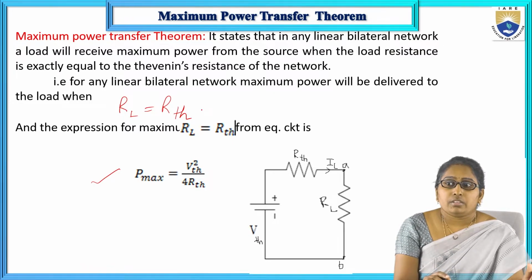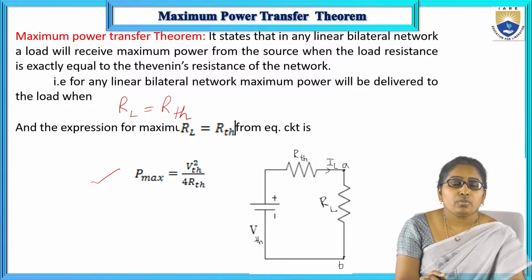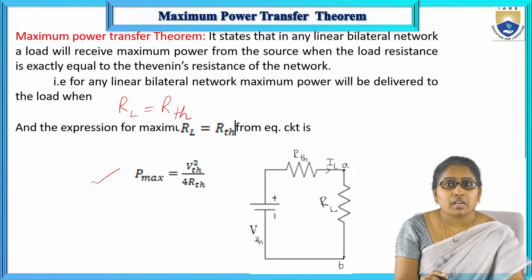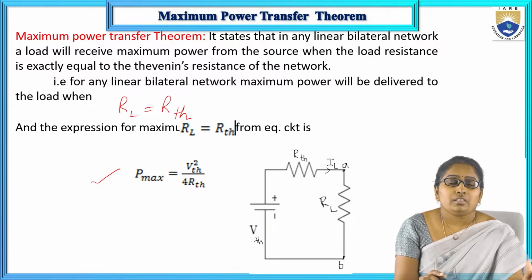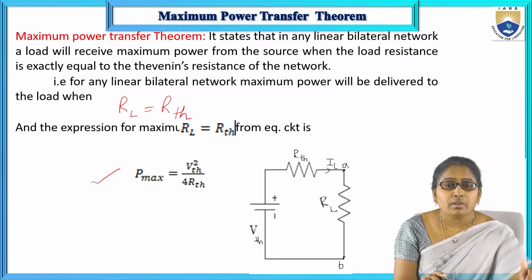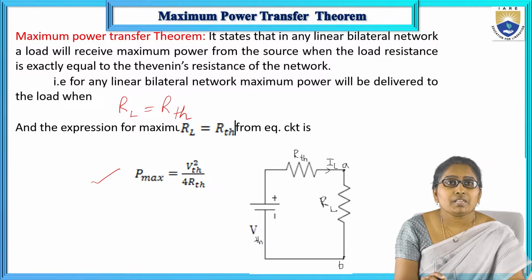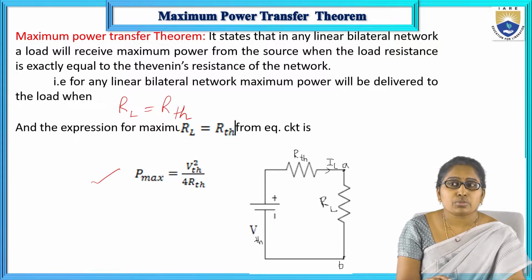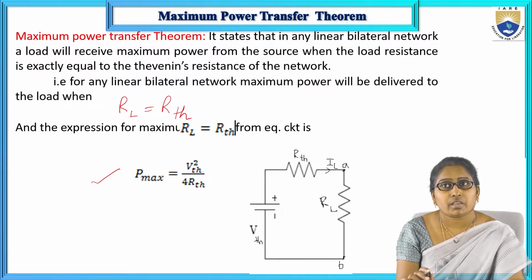And if we have only source resistance and no other resistances in the circuit, then the maximum power will be delivered from source to the load when the load resistance value is exactly equal to the source resistance, RL is equal to RS in that case.